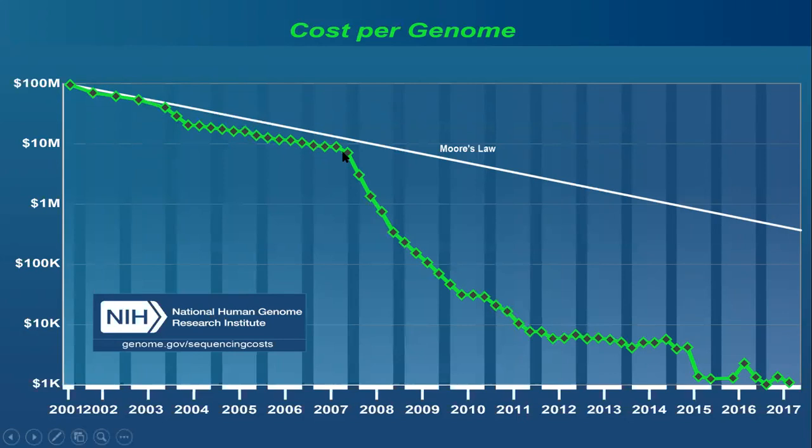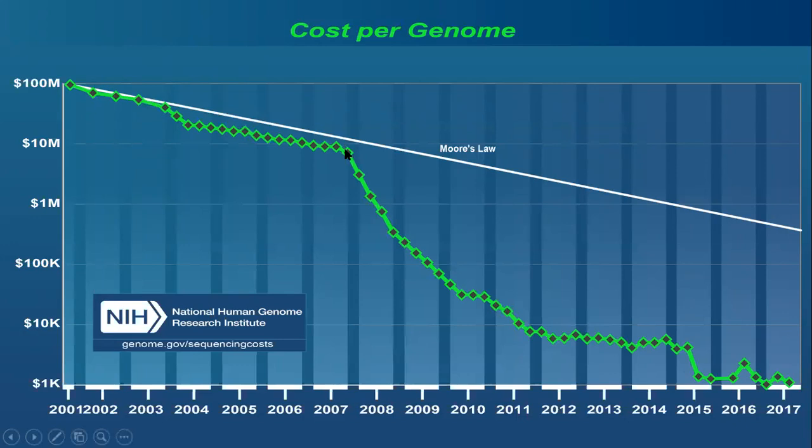So in 2007, it was a $10 million exercise to get a genome sequence, which is still a little bit more than you probably could successfully bill to insurance if you were trying to do it clinically. But geneticists were kind of proud of the fact that they had tracked Moore's law, which has obviously been a very powerful engine of advancement.